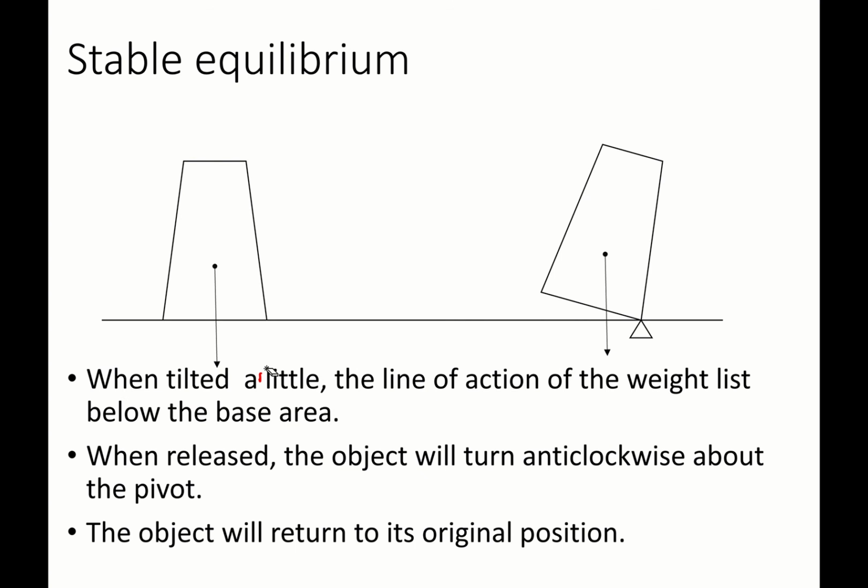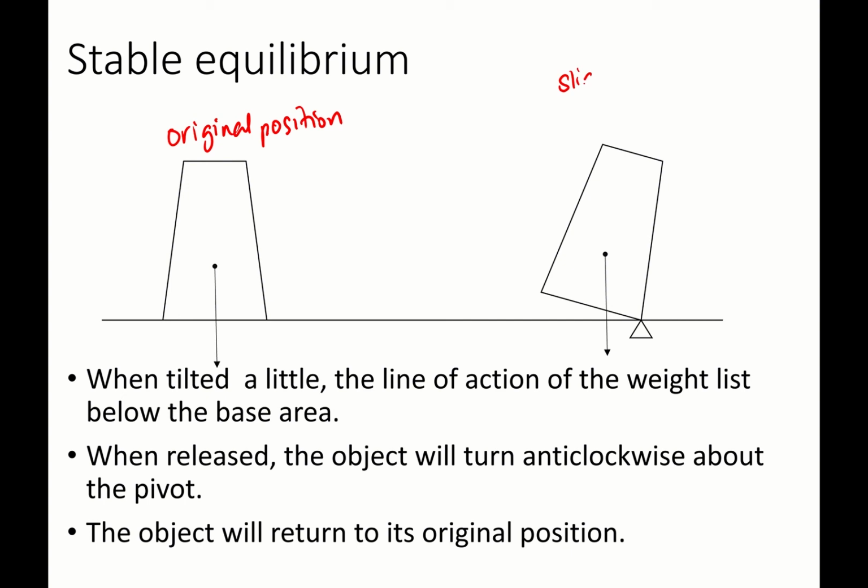Now, what I have here is an example of a stable equilibrium. On the left here, it's the original position of the object. Now, on the right, the object is tilted.